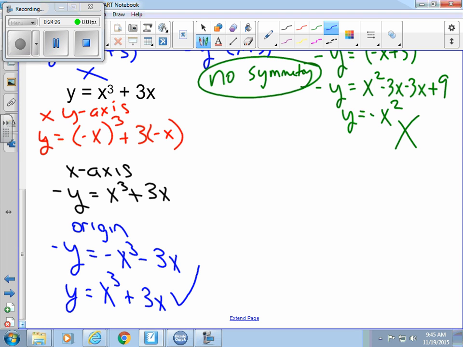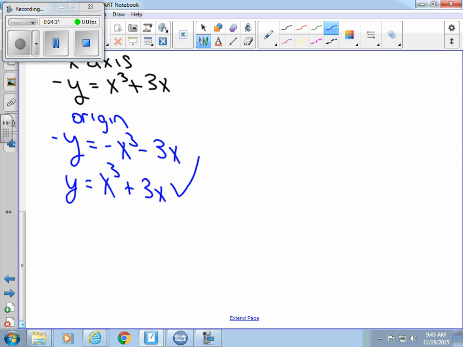What did I get? So I replace the x with negative x and the y with negative y, which got me here. And then I thought, well, I can't really tell because every sign is changed, so I divided everything by negative 1. And it happened to be the original. So you have to make the x's negative and the y's negative.